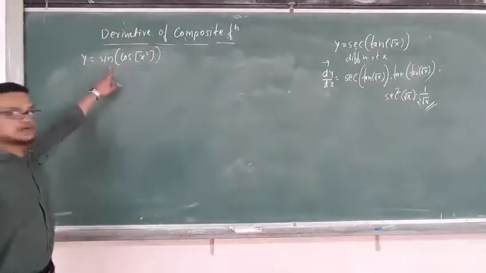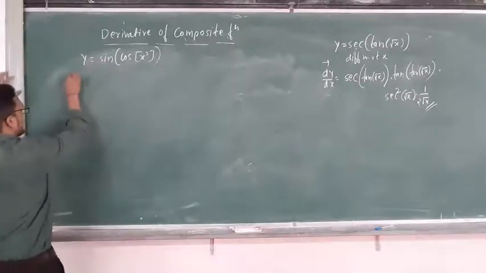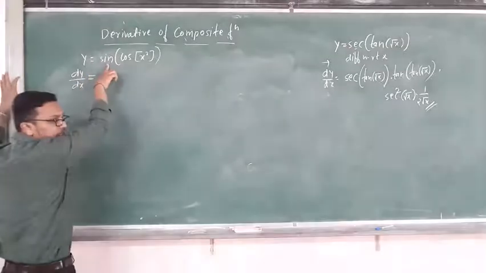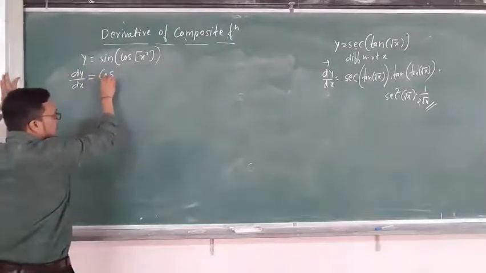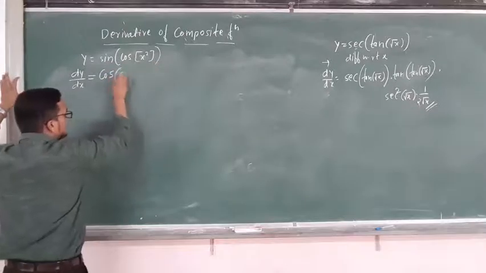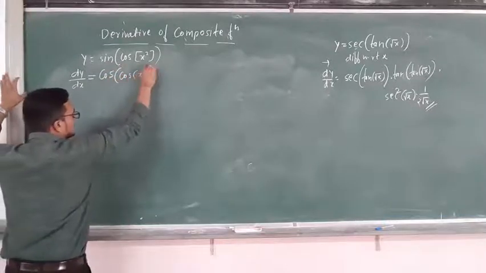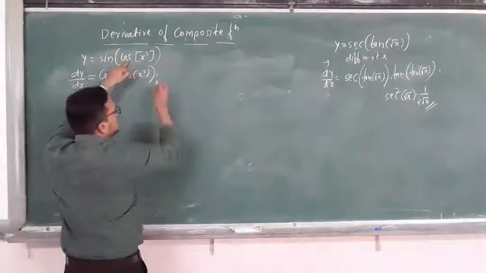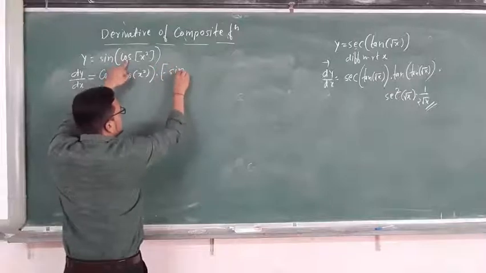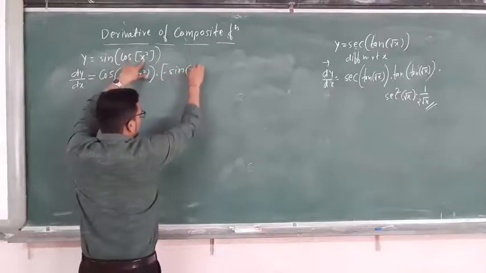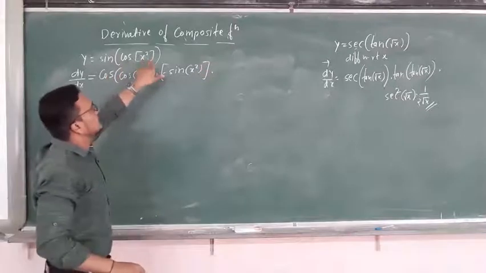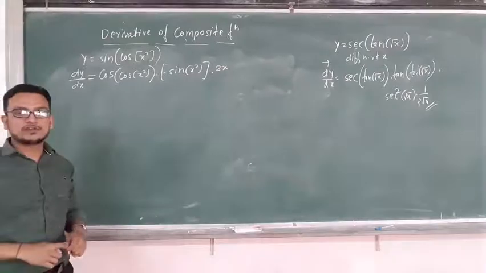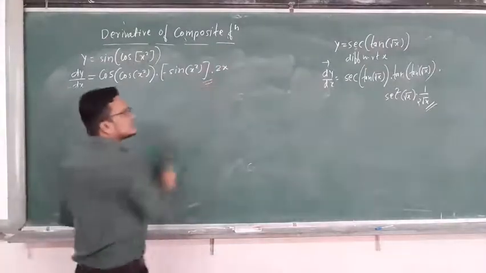This is again the composition of three functions. So dy/dx: first take the derivative of sin x, which is cos x, keeping the further function as it is, cos of x². Into the second function, cos, whose derivative is minus sin, so minus sin of x². Into the third function, x², whose derivative is 2x. So this is your answer.